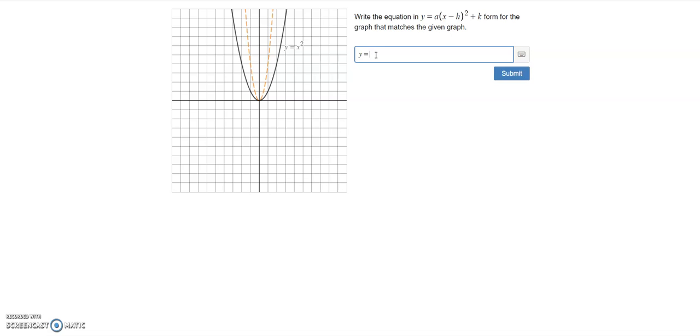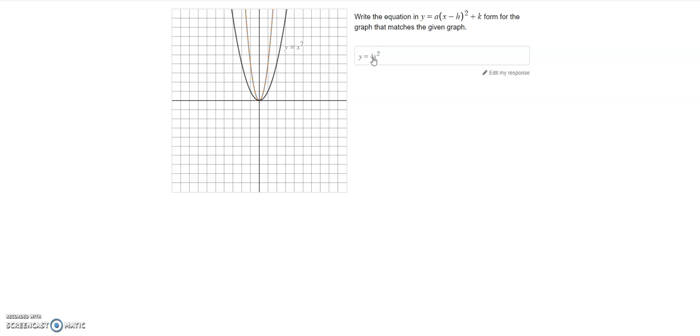So I'm just going to test a couple numbers higher than 1. Let's do 4x squared. And I'm only doing 4x squared because there is no horizontal movement and there is no vertical movement. Only getting skinnier. When I submit, oh, that was a lucky guess. So on my first try, I did make it skinnier by simply making the 1 a 4.